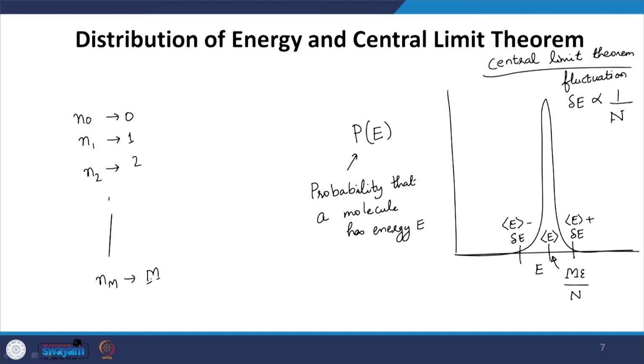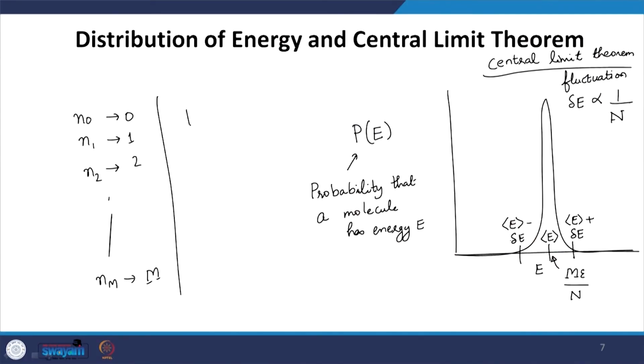So, the question is, how do we know which of these values will be true, which distribution will be picked? And the answer to the question is that we should be looking at something that maximizes my number of ways, right.